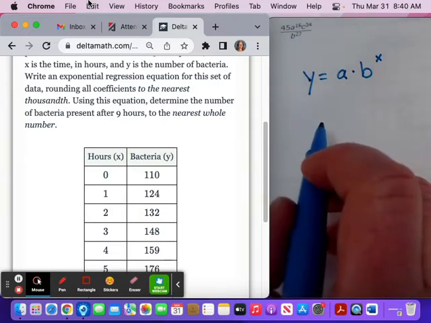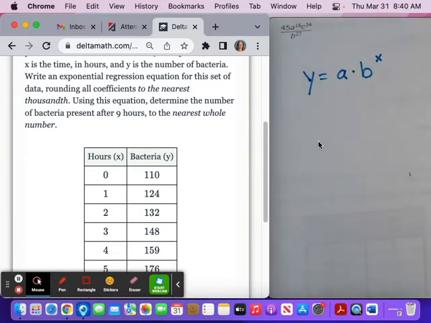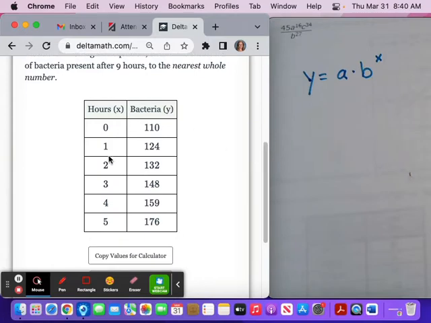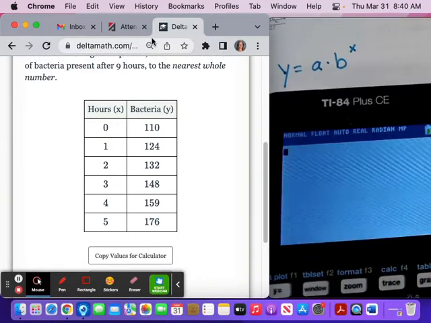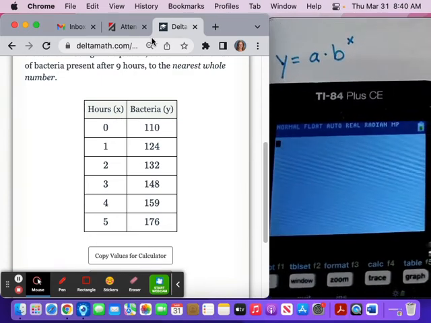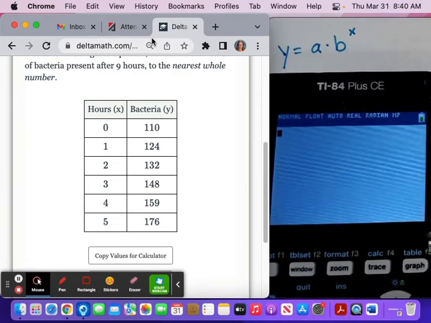All right, so we need to put this into L1 and L2. So I want everybody to do that with me. So let's go stat, edit, and then plug in L1 and L2.